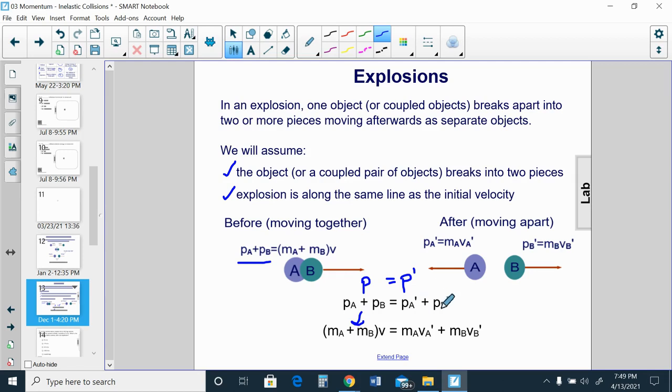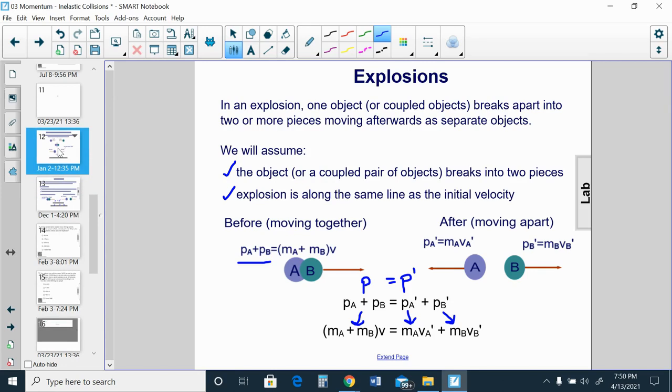And then on this side, they are acting as two separate objects, and when we consider the momentum of the total system, we have the individual momentum of A added to the individual momentum of B. So when you're calculating this for an explosion, that is the process to get to the correct equation. So take a moment to jot that down if you haven't already.